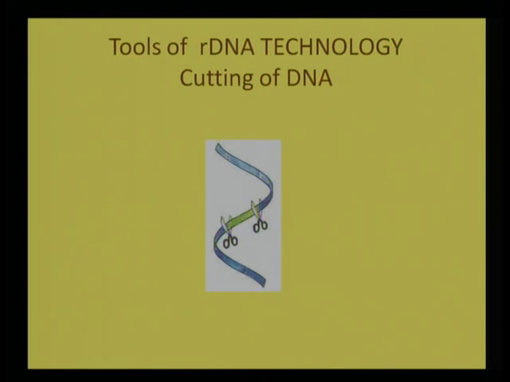Now, tools for DNA technology, and the first topic is cutting of DNA or processing of DNA. Here rDNA technology uses a variety of techniques for cutting the DNA, especially in recombinant DNA technology or gene cloning. The DNA is precisely cut using molecular scissors in the form of restriction endonucleases.